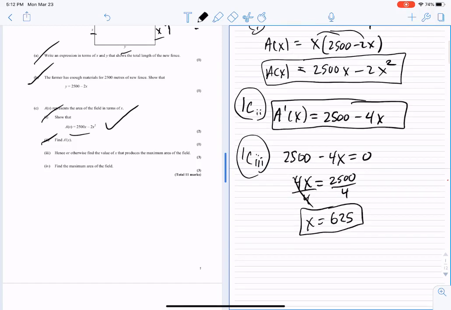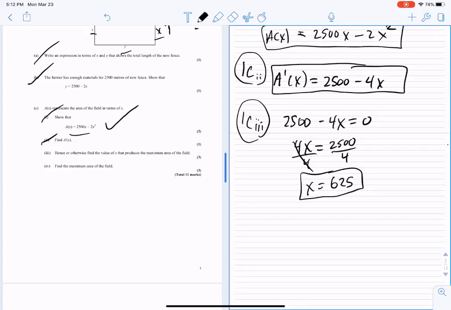And you're saying, well, how do you know it's a maximum? Well, if we say step 3, which is part of the 3-step process of doing optimization I show you, this is not a requirement, but if you were to take the second derivative, which is the derivative of the derivative we just found, this is just going to equal negative 4.